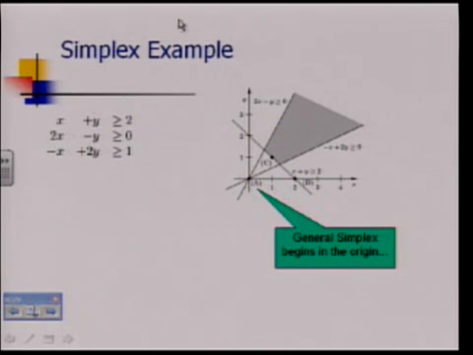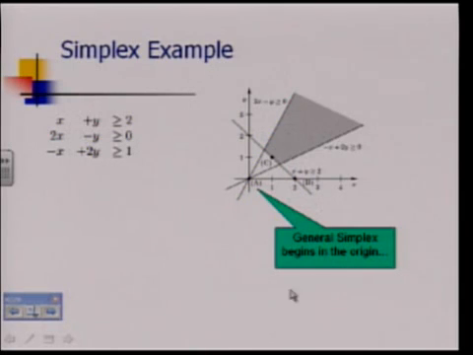And in general, you can see that you have constraints which will basically make the feasible region look like this shaded area in this particular example.